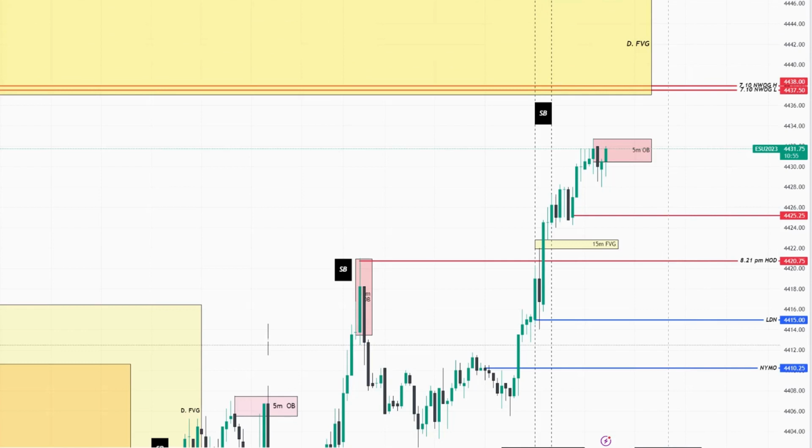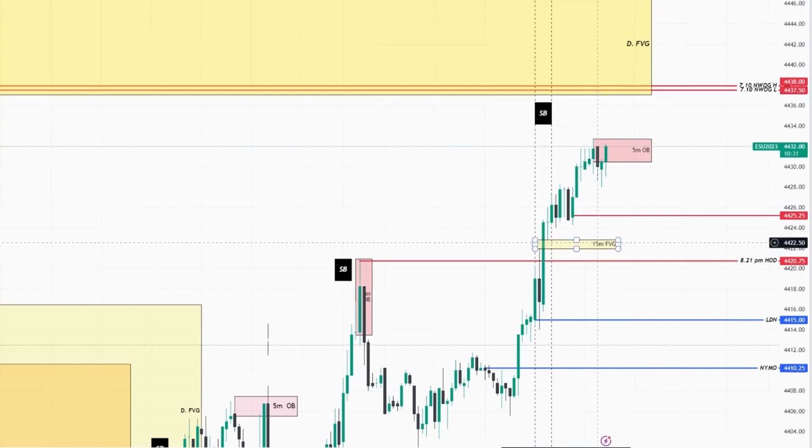The high of that gap is 44.47 and the low is 44.37. I think at the very minimum, we hit this new week open gap and maybe do partial into this fair value gap. I don't know if we can go into the middle of the gap, which would be 44.42, but I'm just aware of the levels right now.